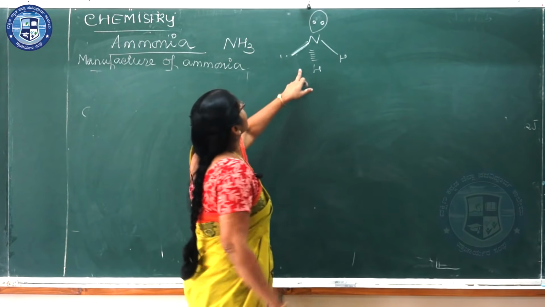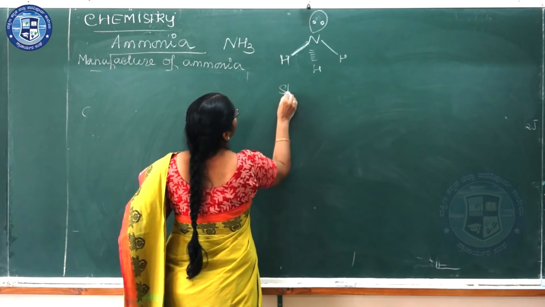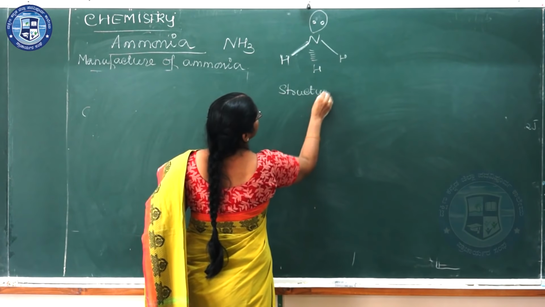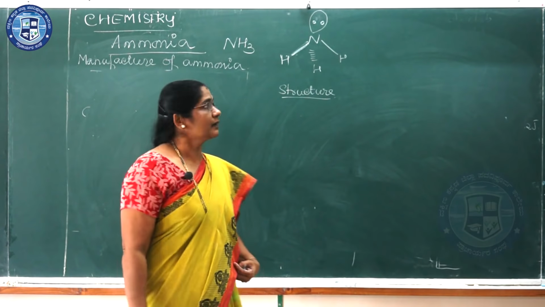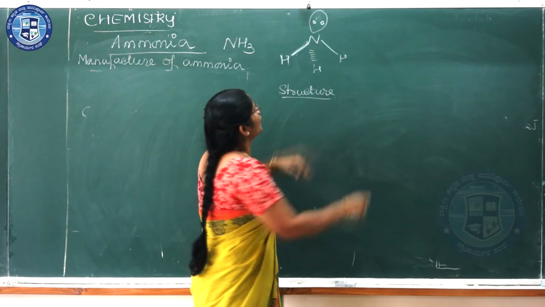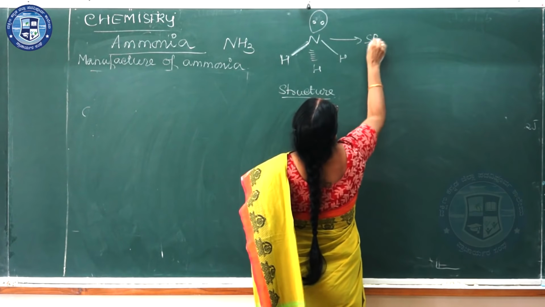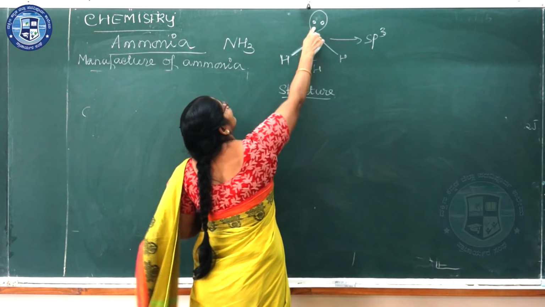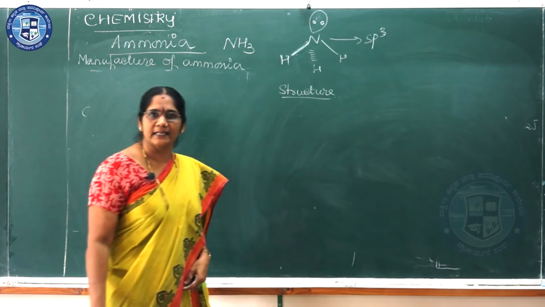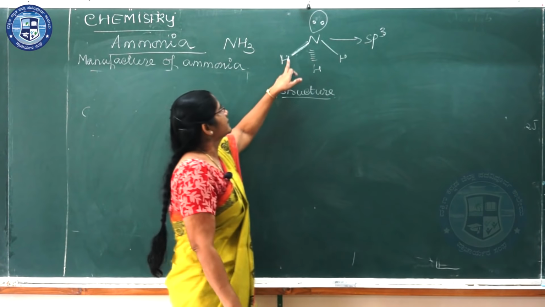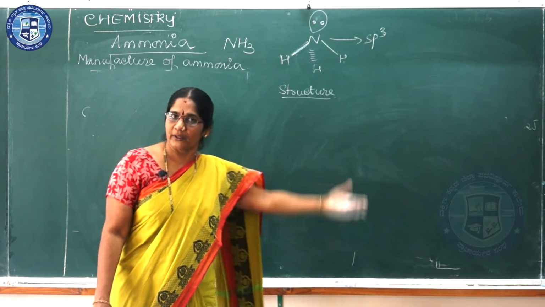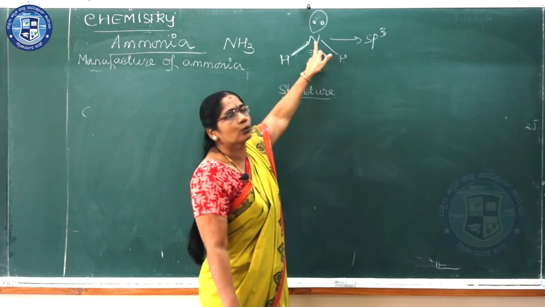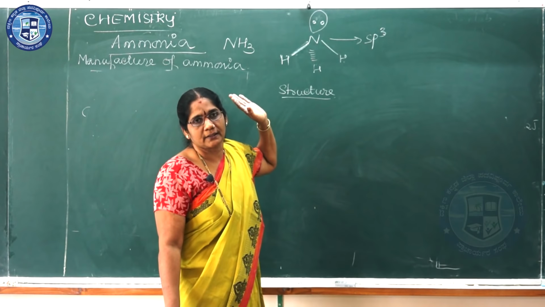Now coming to the structure of ammonia, you have studied in VSEPR theory the structure of ammonia, where the nitrogen is sp3 hybridized. It has 4 hybrid orbitals containing single electrons, out of which 3 orbitals overlap with the s orbital of the hydrogen atoms, and the 4th one has a lone pair of electrons.